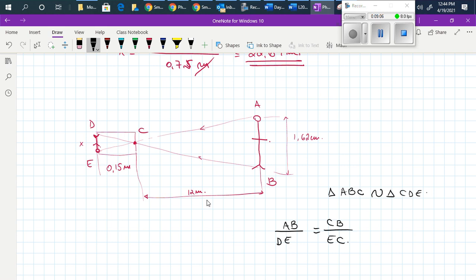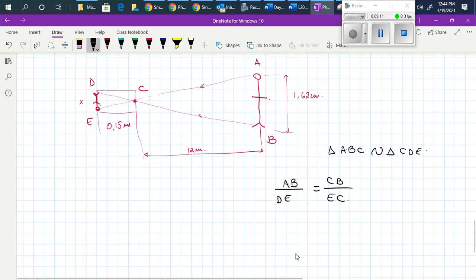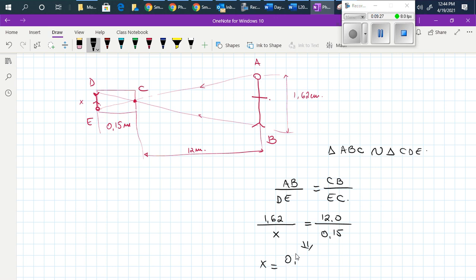After we plug in the information that we have here, AB is 1.62 over DE, which is X, equals CB, that is 12 meters, over 0.15. We can solve for X, so that's 0.15 times 1.62 over 12.